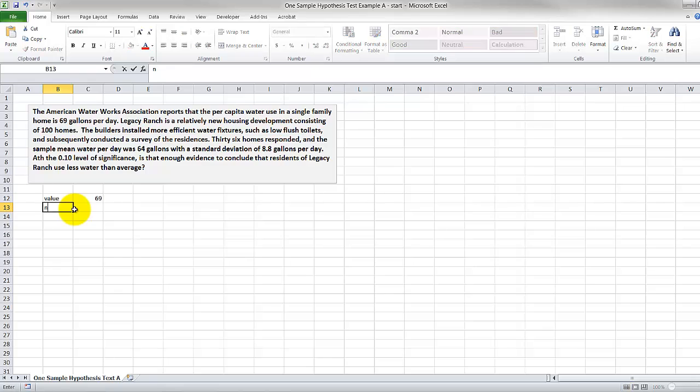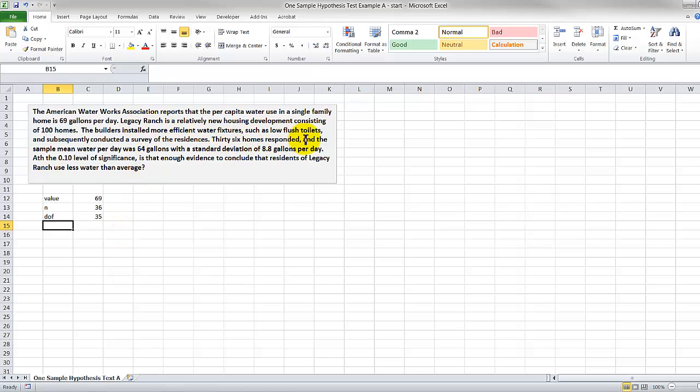That is going to be our N, our sample size of 36. That's what we are investigating. We're investigating the results from the survey. Okay, that means that our degrees of freedom is going to be equal to 36 minus 1.